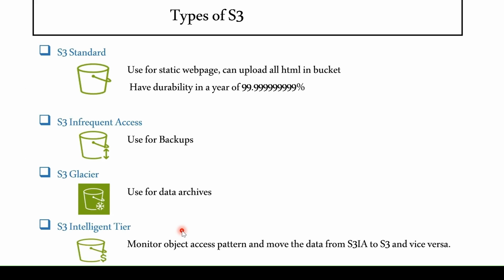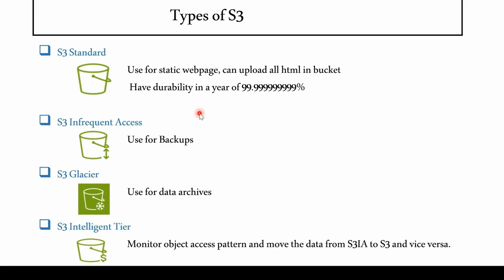Let's move forward to the different storage classes, or different types of S3 buckets. The first one is S3 Standard, which is used by many applications. It is used for storing static web pages.